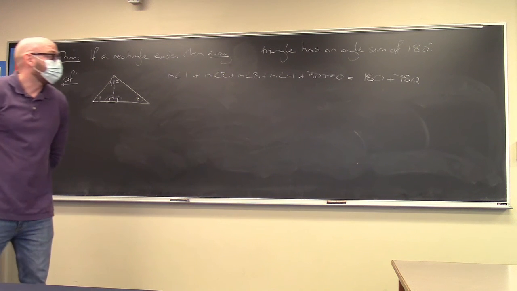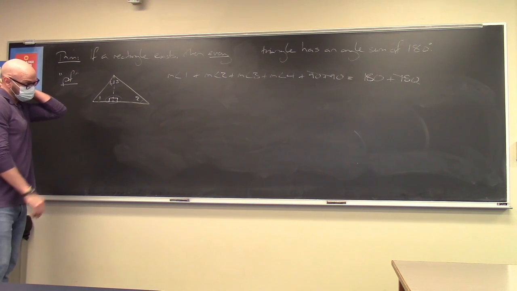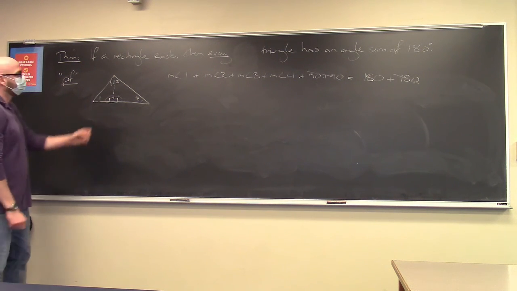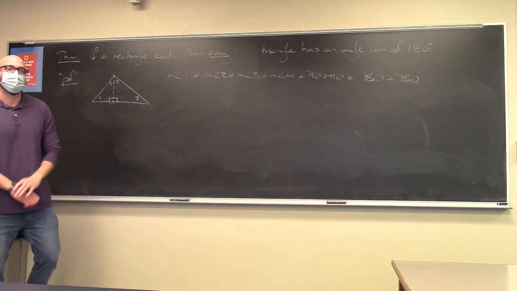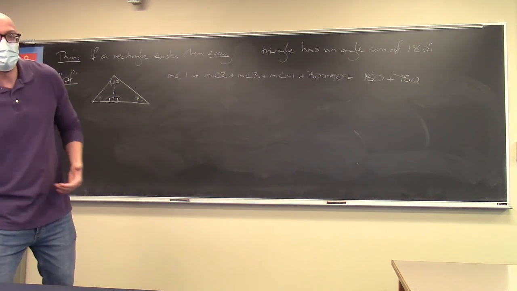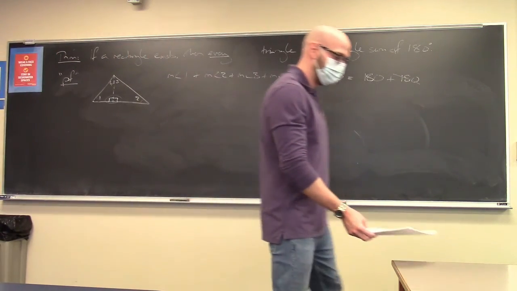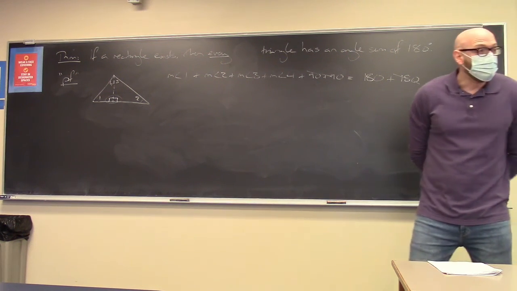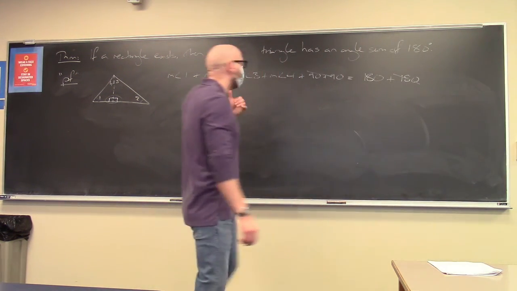So really just sketching the proof. You can write down what you want from that. But the crux of it is just drop this perpendicular on the inside of the triangle, break it into two right triangles, and then use our result. Again, the assumption here that I haven't written is that a rectangle exists.